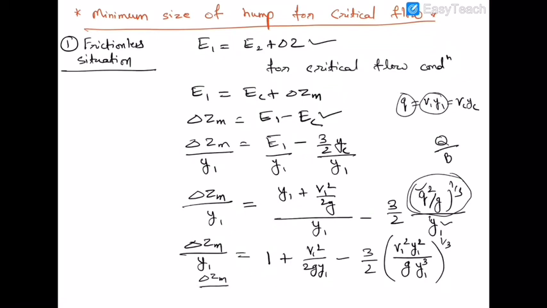Delta Zm divided by y1 is equal to 1 plus v1 square upon 2g y1. This v1 square upon g y1 is the square of Froude number at section 1, minus 3 by 2. Here y1 square will be cancelled out by this power, and v1 square upon g y1 is the Froude number, square of Froude number at section 1, and its whole power is 1 by 3.